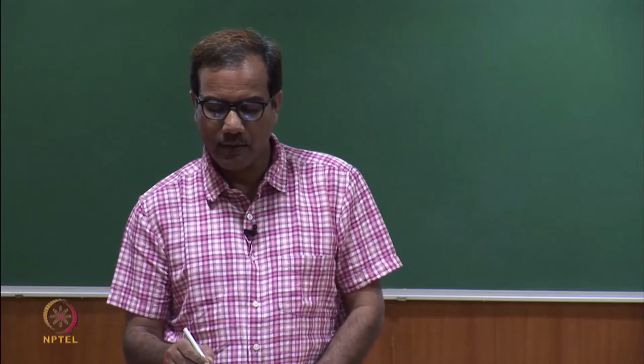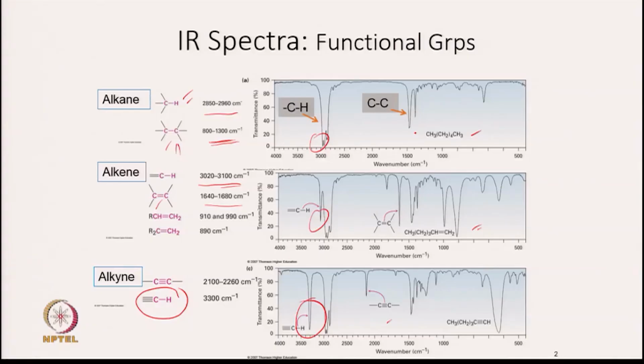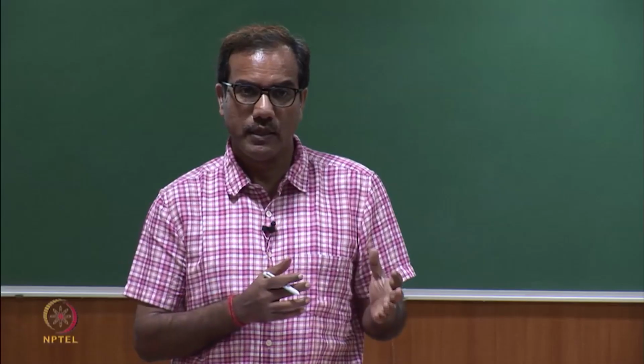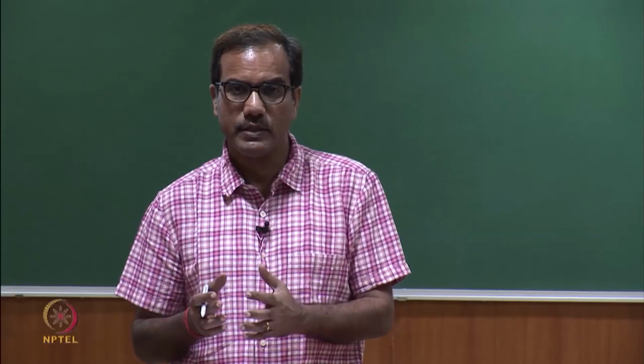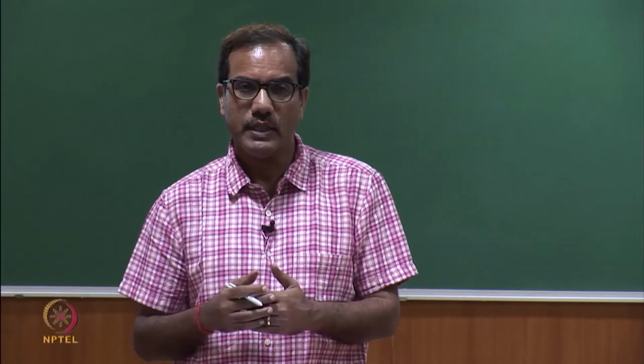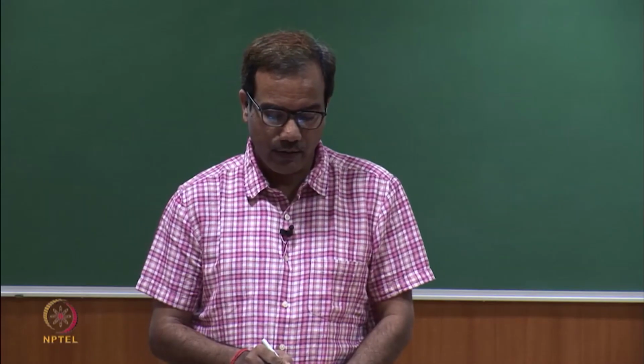And similarly the case of CC: this is CC for alkane, this is CC for your alkene, and this is CC bond for alkyne, and you see this is going towards higher wave number side. So just by looking at your CH frequency and CC frequency, you can distinguish between three different kinds of hydrocarbons.